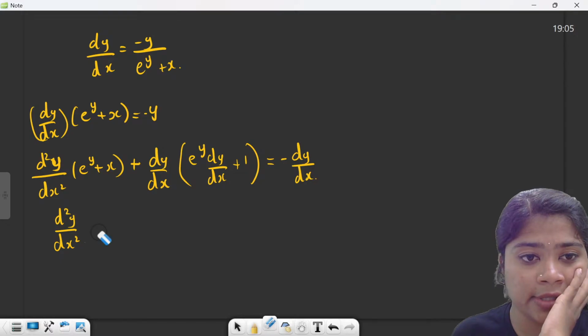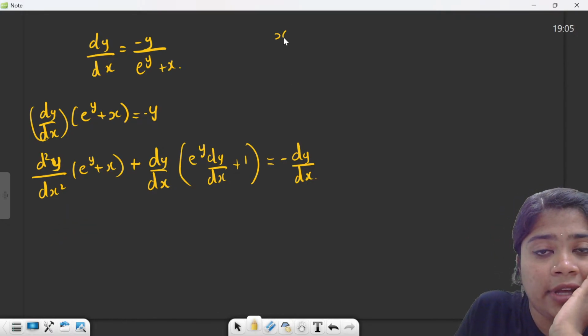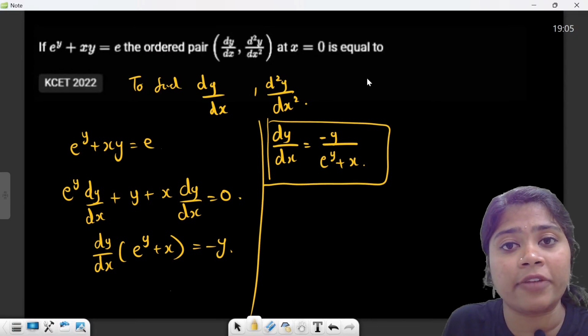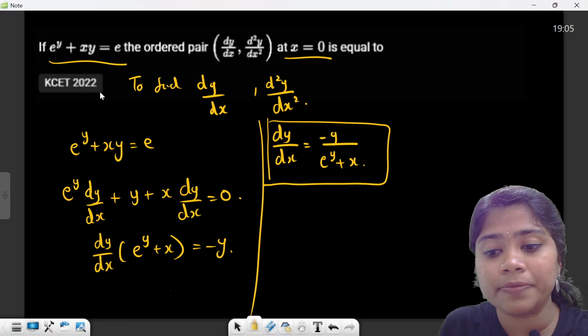Let me erase this and find out the values. Here it is given in the question itself that x is equal to 0, so we have to find the value of y.